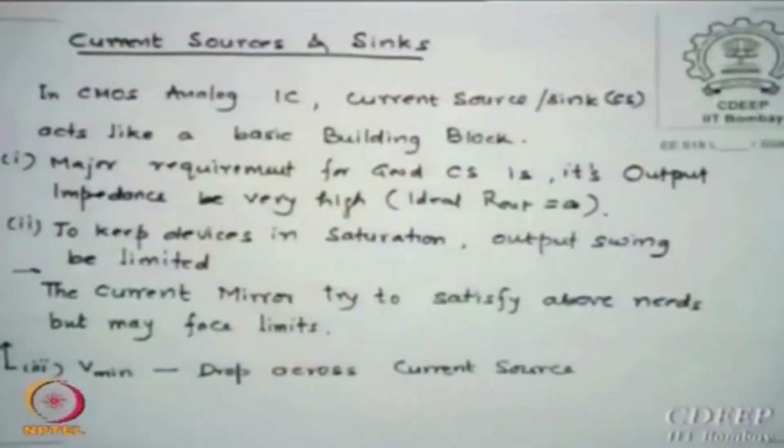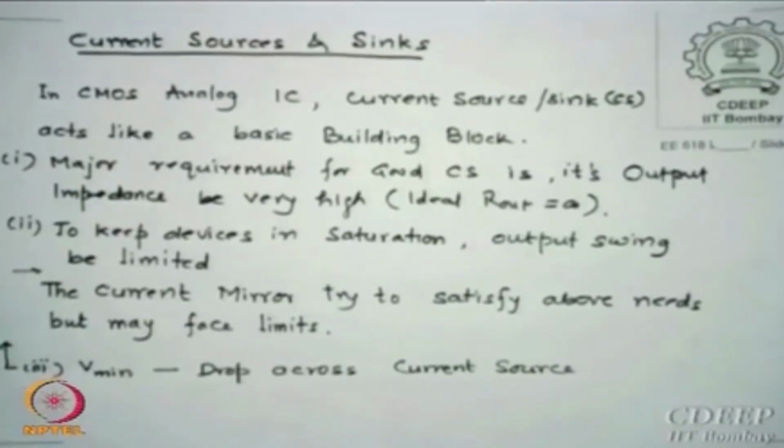We are at the topic of current sources and sinks, and we have said that in a CMOS analog IC, a current source or sink acts like a basic building block, and there are three major requirements that come from them. One of them is that the output impedance should be as high as possible.